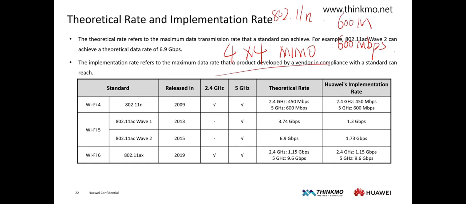Moreover, 600 megabits is a speed achievable under ideal conditions, assuming there is no interference from other devices around. However, in real-world environments, we often encounter some interference, which can slightly reduce performance and speed.